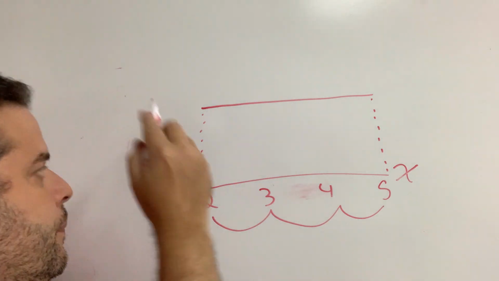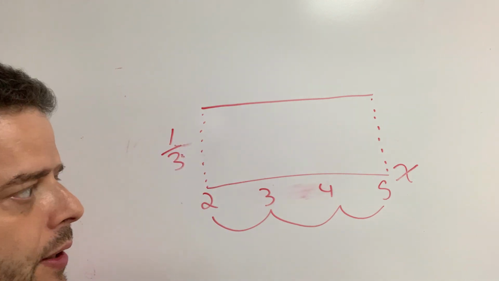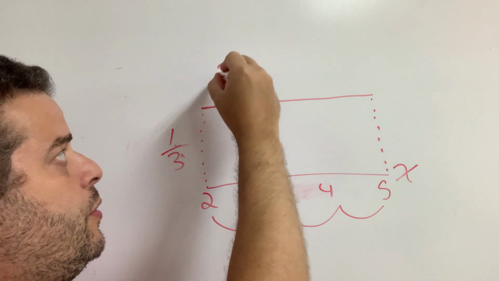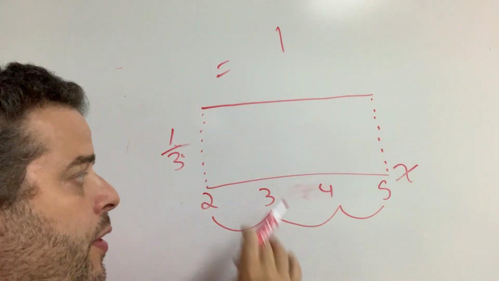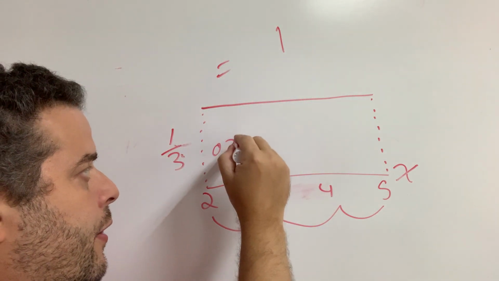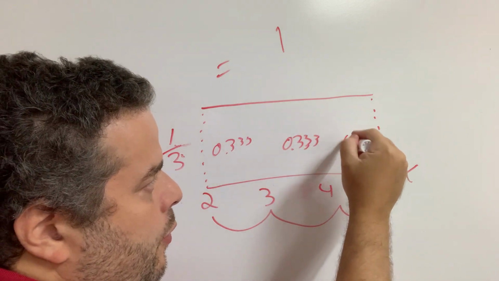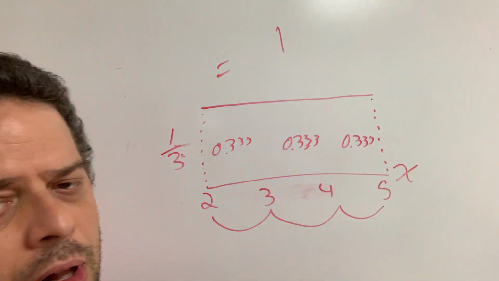It's pretty simple. 1/3. Because 1/3 times 3 intervals gives you a value of 1. So this interval would be 0.3333, this interval would be 0.3333, this interval would be 0.3333 of all data sets.